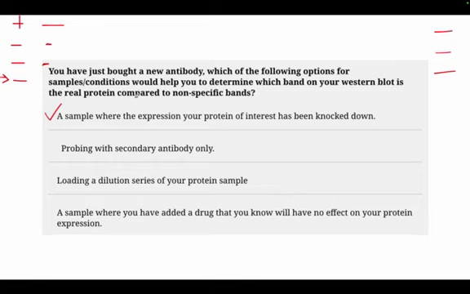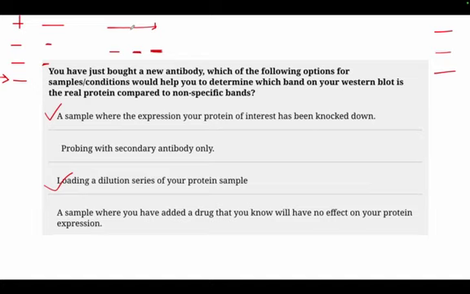Probing with secondary antibody only is not going to work. It is not going to detect a protein. Loading a dilution series of your protein sample can also work. If I have a dilution series, then one band should get stronger as the concentration of my protein of interest increases.